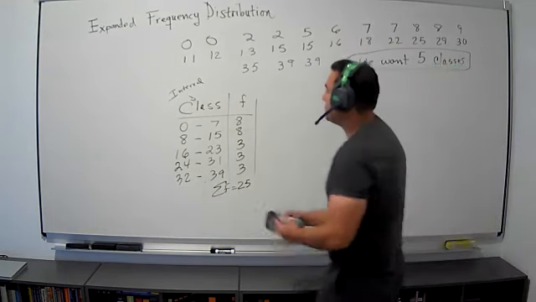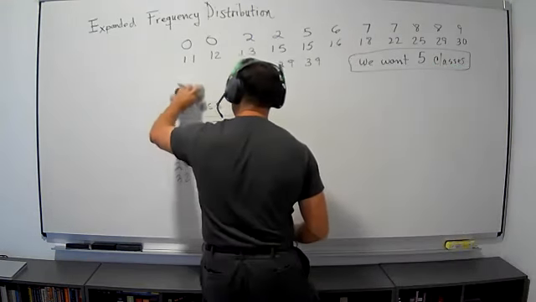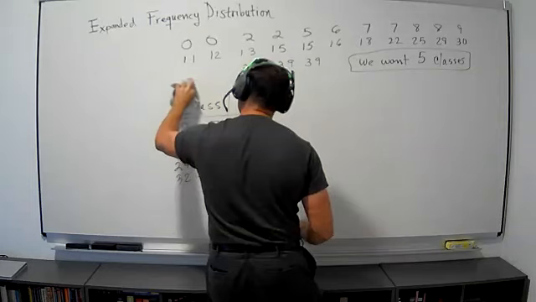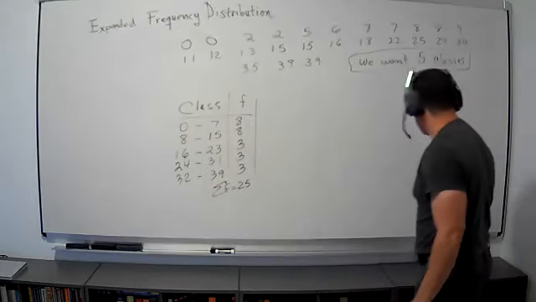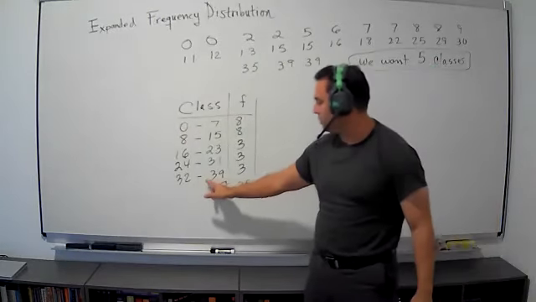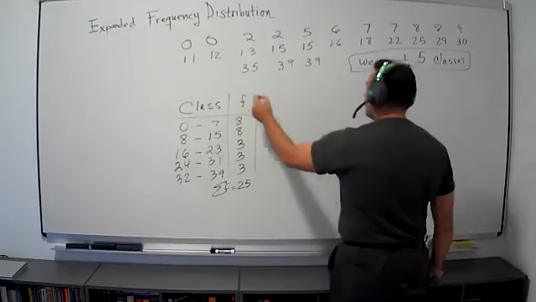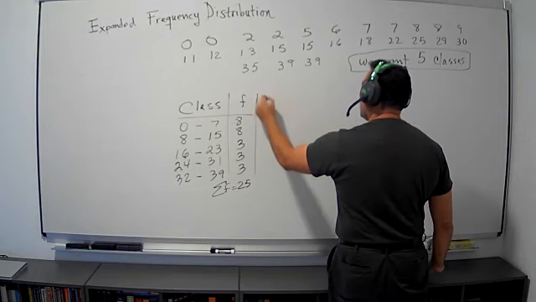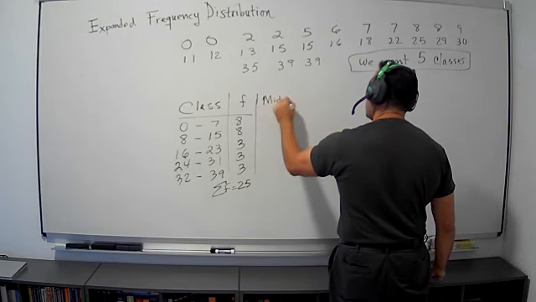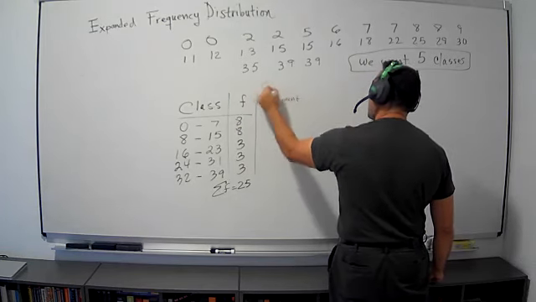Now it's not always useful to have classes. Maybe you want to do something with a class, like make graphs, and this is not the best way to represent it. It's one of the ways, but not the best way. So we have something called class midpoints.